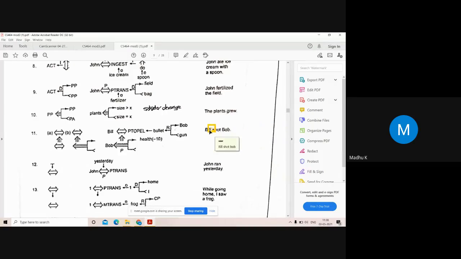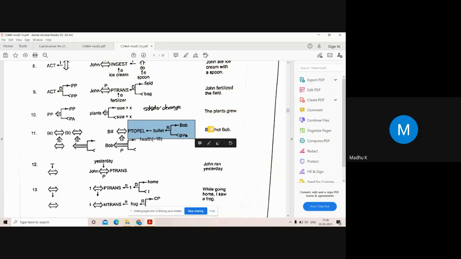So to represent this, this is the method used. First, the action part is this, this is Bill, and he's the picture producer in the sentence. So Bill is here, and this is the action part.